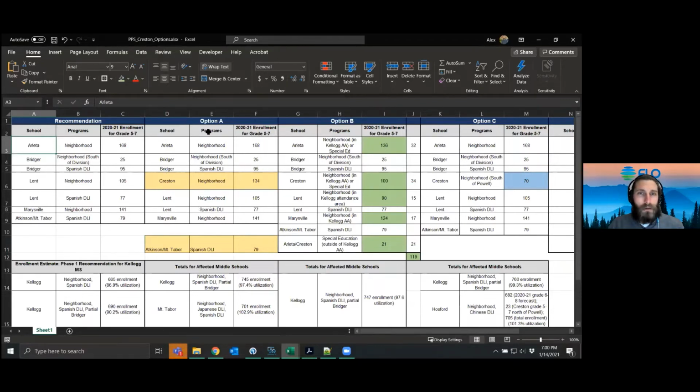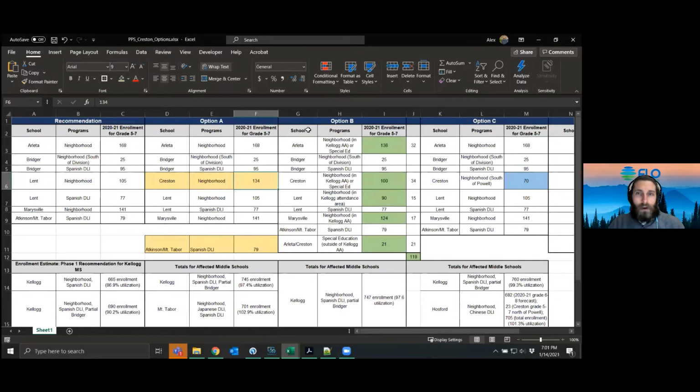So for instance, in option A, the Atkinson Mount Tabor DLI strand would be replaced by Creston neighborhood. The difference there is going from 79 kids feeding into Kellogg to 134. So that's where we get that increase up to 97.4%.